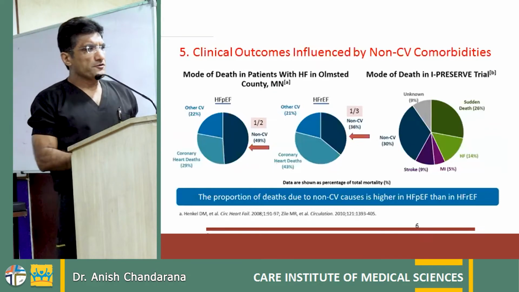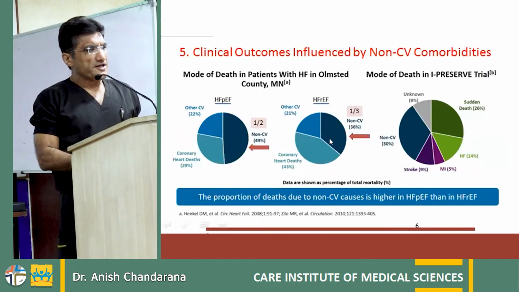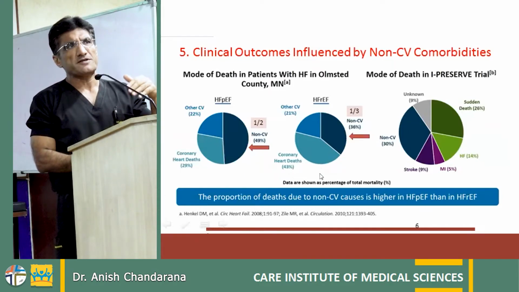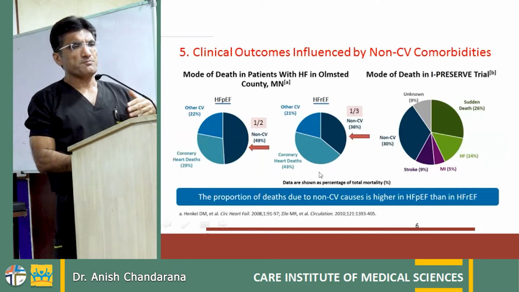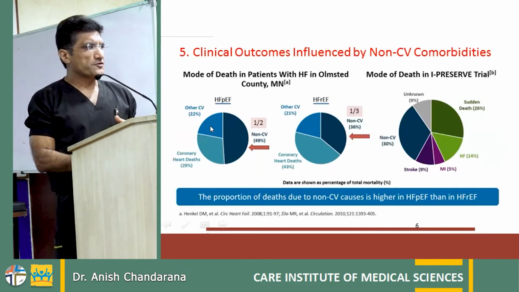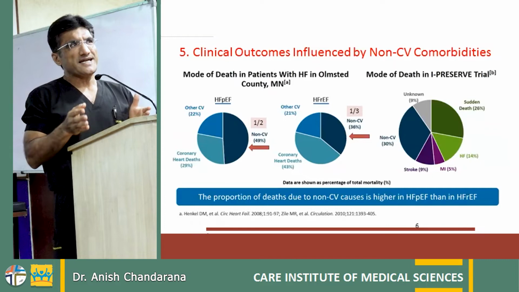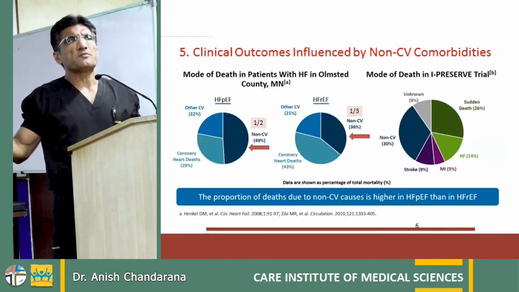Fifth point, if you look at the patients of HFrEF, most of them die because of cardiovascular conditions and disease. They die because of arrhythmia, they die because of sudden cardiac death, they die because of progressive heart failure. But if you talk about patients of HFpEF, look at here, 50% of them die because of non-cardiovascular disease. What did I say? That HFpEF is a disease of comorbid conditions.